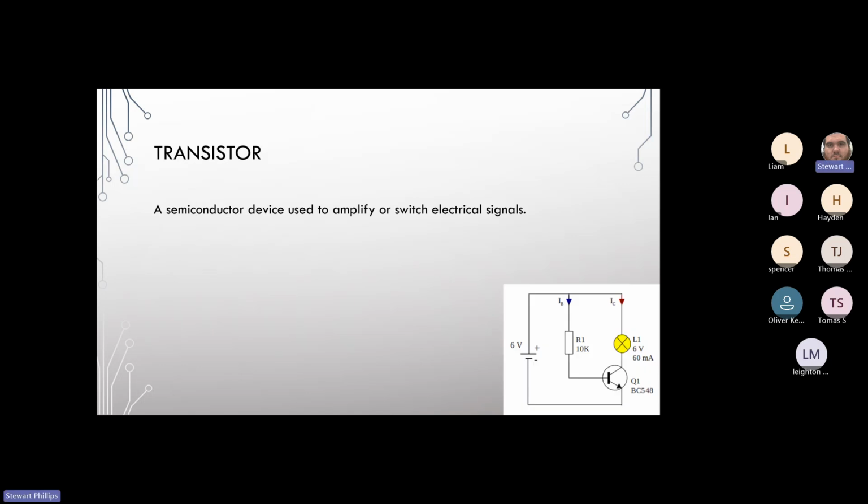Cool. So, transistor. It's a semiconductor device used to amplify or switch signals. Who's heard of a transistor before?